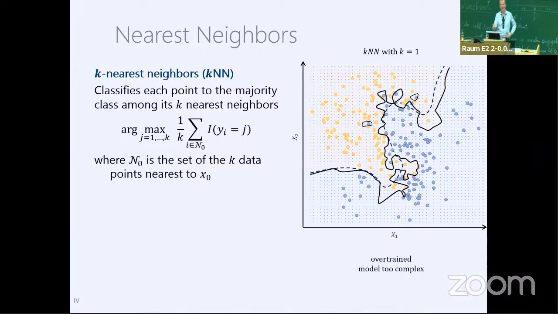If I would have asked any of you, I now query right beside this somewhat lonely blue point in the sea of yellow, what color do you think the predictor should give? I hope that all of you would have said yellow rather than blue, and regarded the blue one more as an accident, measurement error, noise, whatever. KNN at 1 doesn't do this.